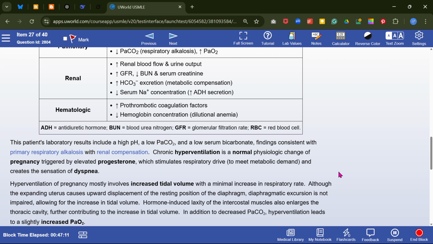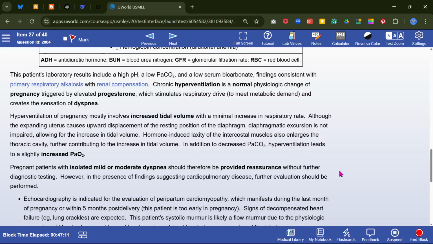Hormone-induced laxity of the intercostal muscles also enlarges the thoracic cavity, further contributing to the increase in tidal volume. In addition to decreased PaCO2, hyperventilation leads to increased PaO2.